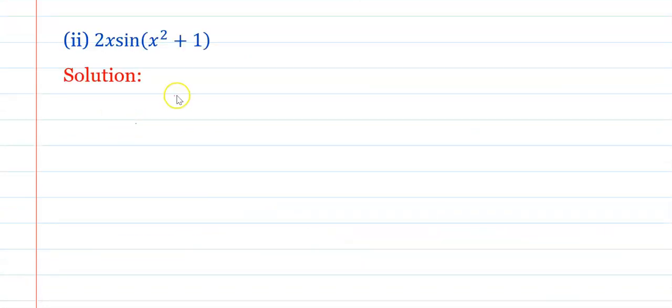Now the second example. Here we first write I is equal to the integral of 2x sine of (x square plus 1) dx.